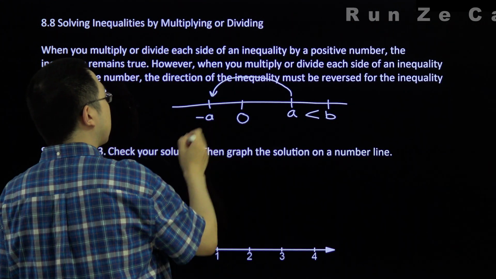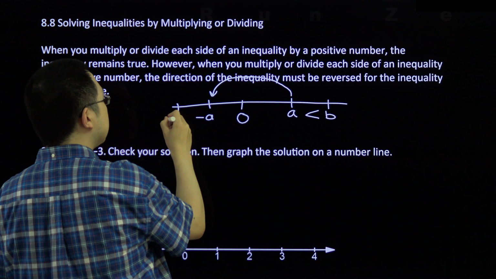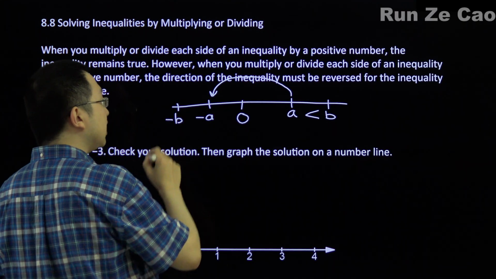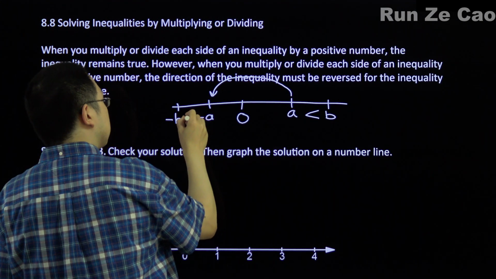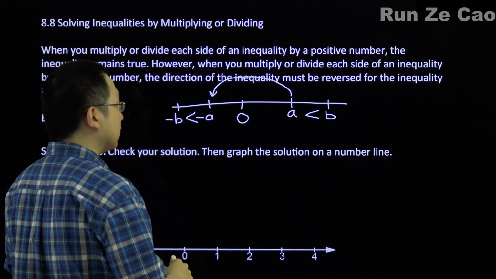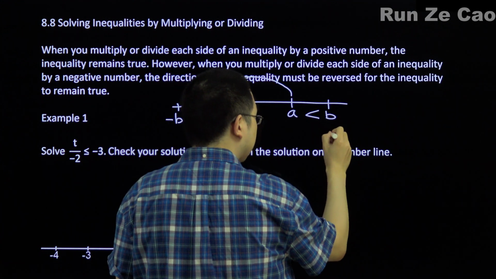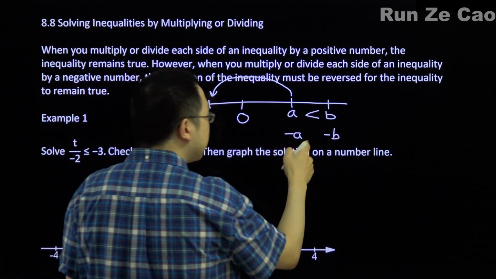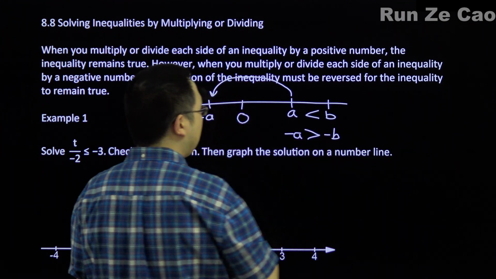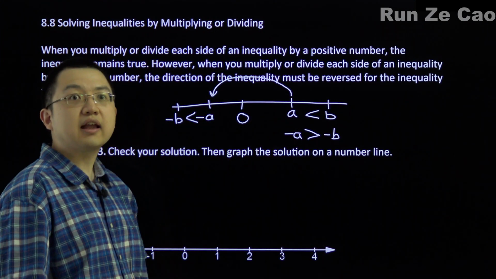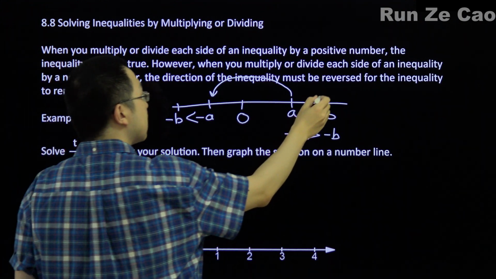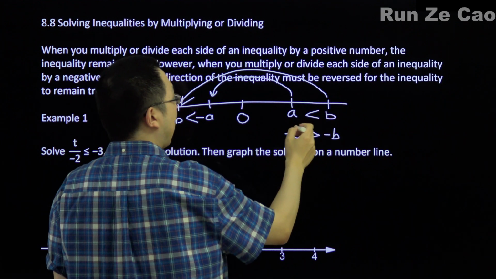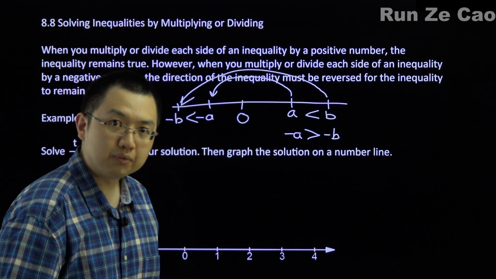Oh hey, this is negative A, and negative B is over here. Oh wow, now negative B is smaller than negative A. So if we had negative B and negative A written out like this, negative B is smaller than negative A, so negative A is bigger than negative B. Even though we can see that B has a bigger absolute value.